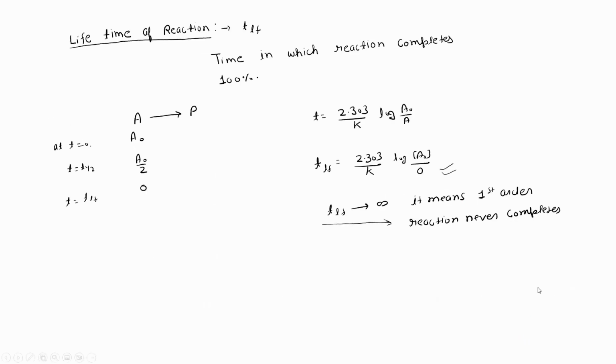Then we will go through the lifetime of reaction. For zero order reaction, the lifetime is equal to A naught by K, which is double the half-life time. So for zero order reaction, we can say that the reaction goes to 100% taking a time of 2 half-lives, 2 t half.